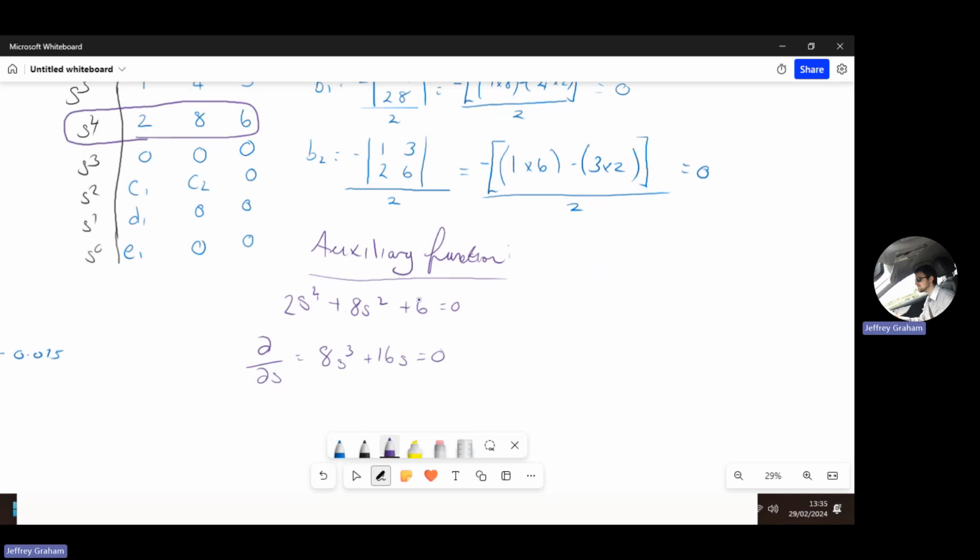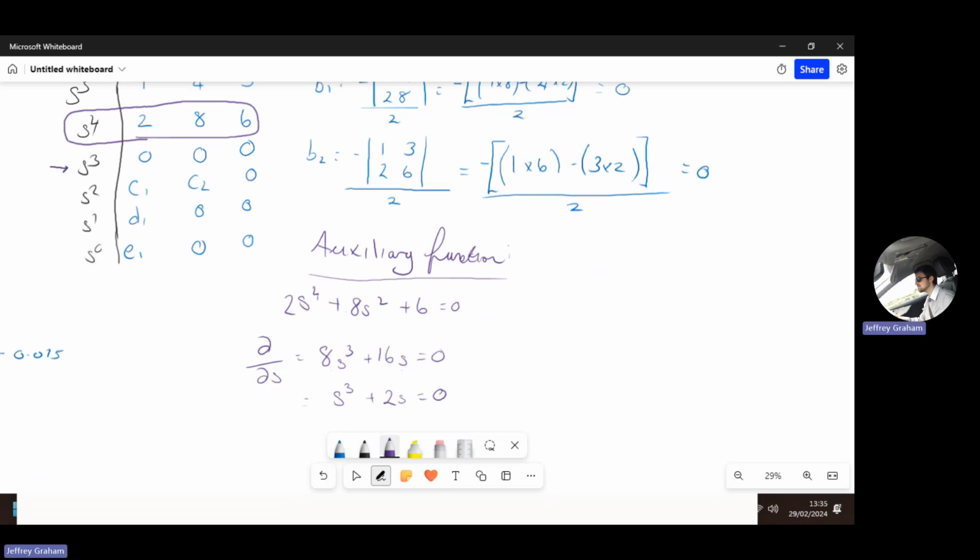Right, you can run with those values if you wish, 8 and 16. What I'm going to do is simplify this to make life a little bit easier. Both of these values are divisible by 8, so that is actually s cubed plus 2s. Right, notice this is now an s cubed term.